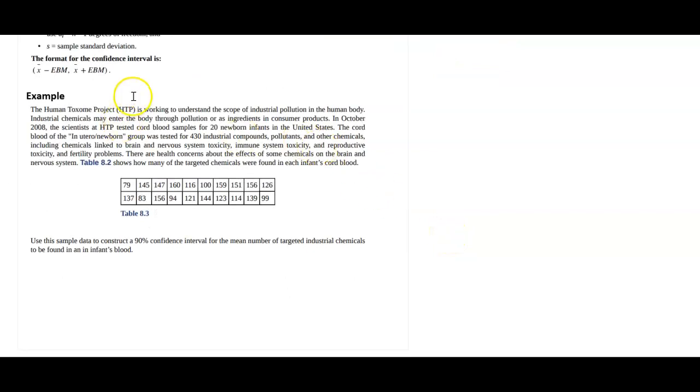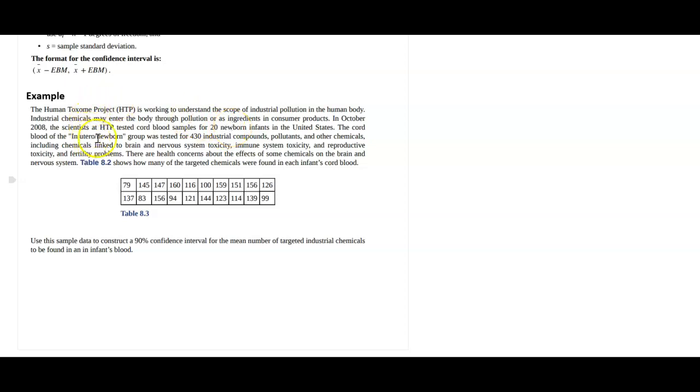So there is this project going on which is looking at the scope of industrial pollution in the human body. Industrial chemicals may come into the body through pollution or in consumer products. A study was done, it looks like in 2008, where they tested cord blood samples in newborns in the United States.